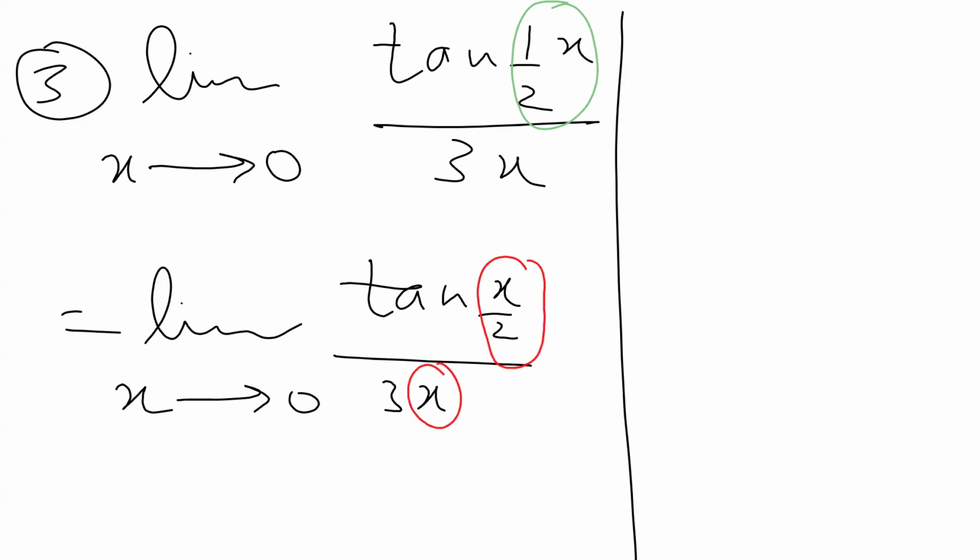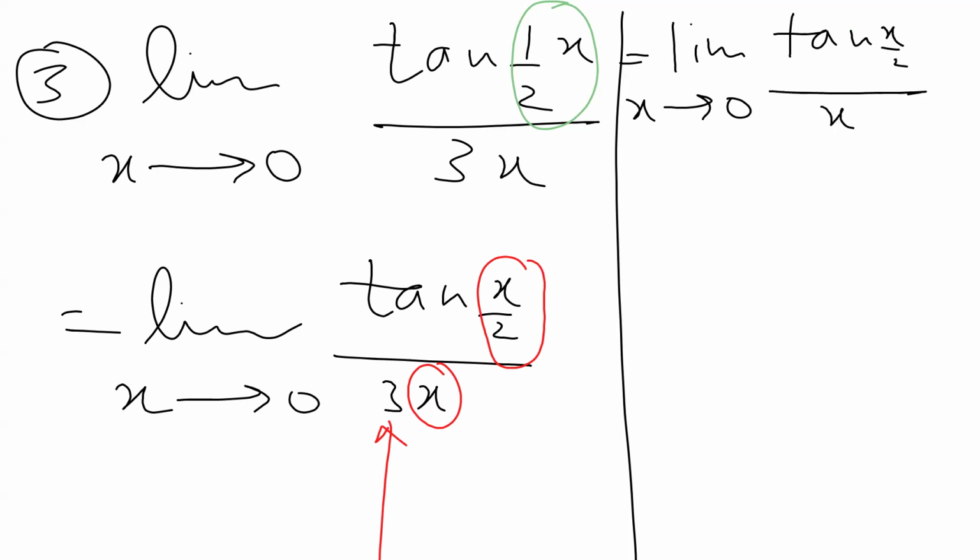So here what term is required? X by 2. 3 has nothing to do with it, so I'll separate this 3 into 1 upon 3 I'll write. 3 is not required over there.